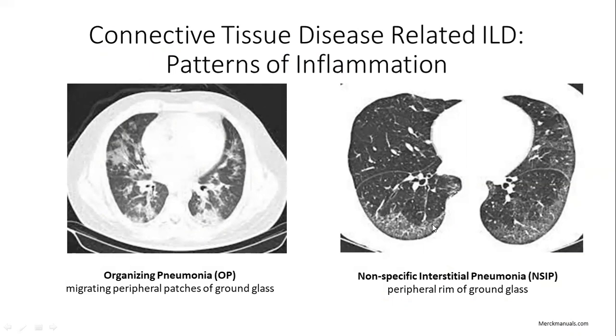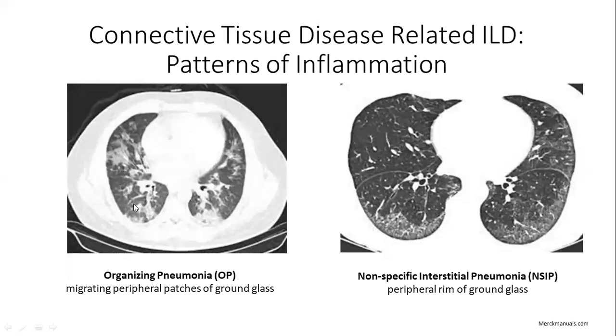It means ground glass that's along the periphery that has a little bit of sparing at the very periphery. Don't worry about that. This is just to show you that if you hear this term NSIP, it's just a radiographic pattern, or if there were a biopsy, it would describe how the biopsy looks. Similarly, organizing pneumonia is another description of the ground glass, how it's located.